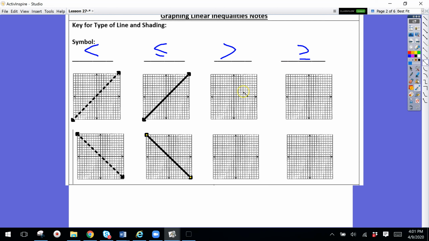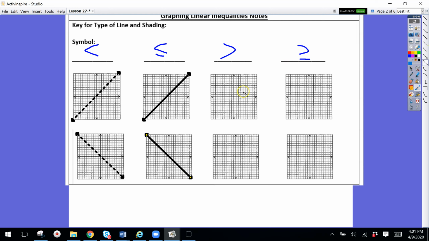Okay, now we have to decide what type of line we want. Do we want a solid line or a dashed line? Well, it has an equal sign, so we want a solid line. So let's pick solid and make a line through here. Obviously, if you have a ruler, go ahead and do that, or just a straight edge. And then now we have to shade.